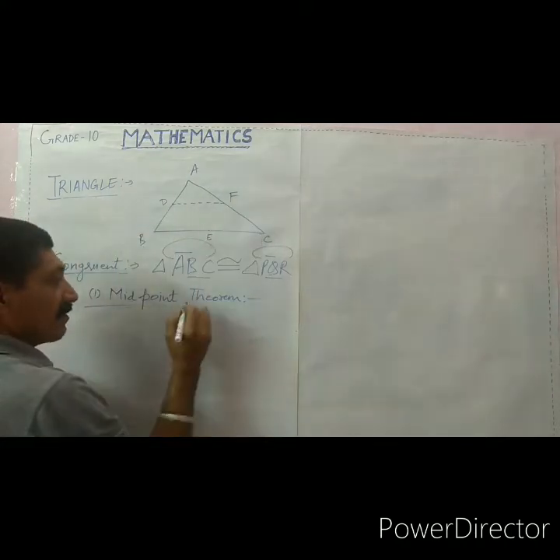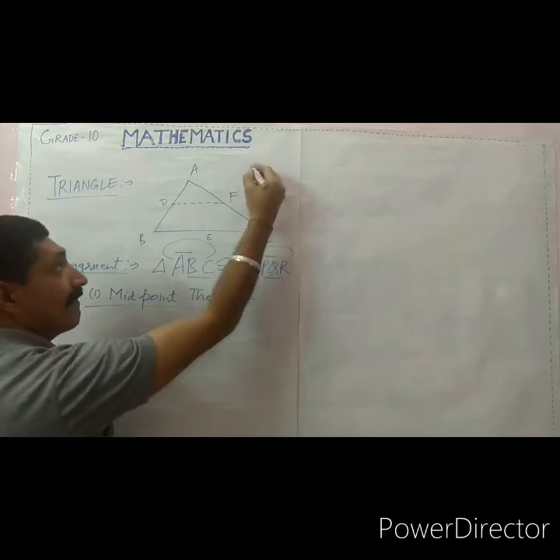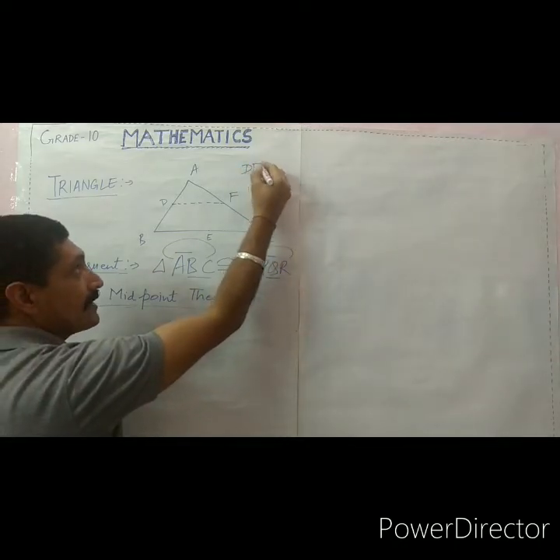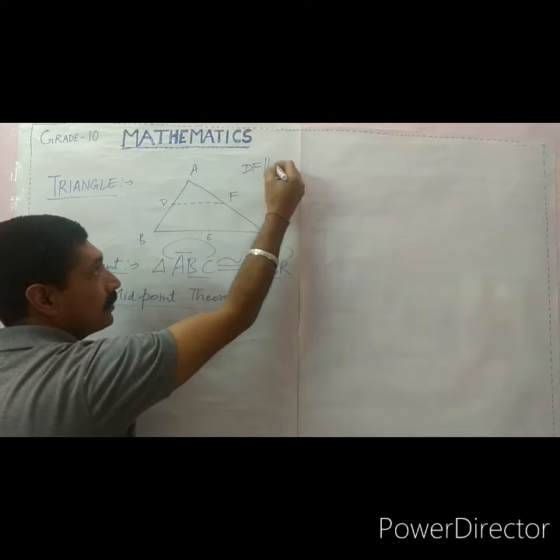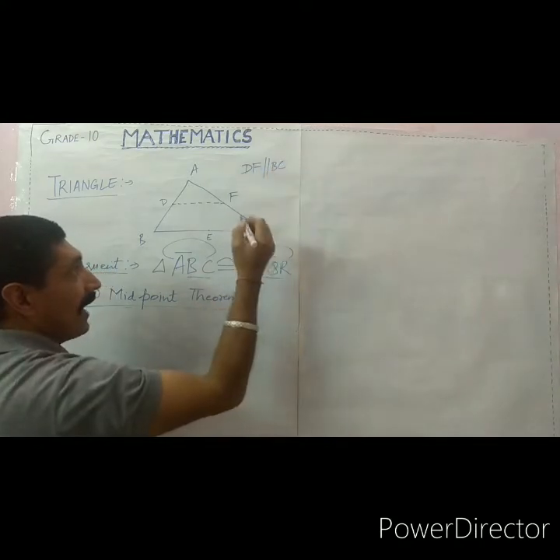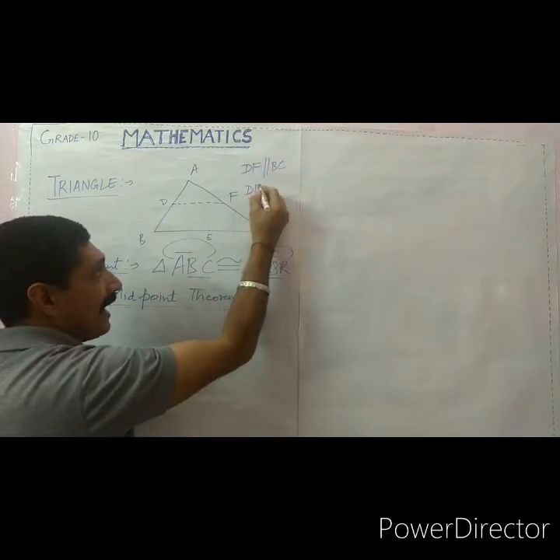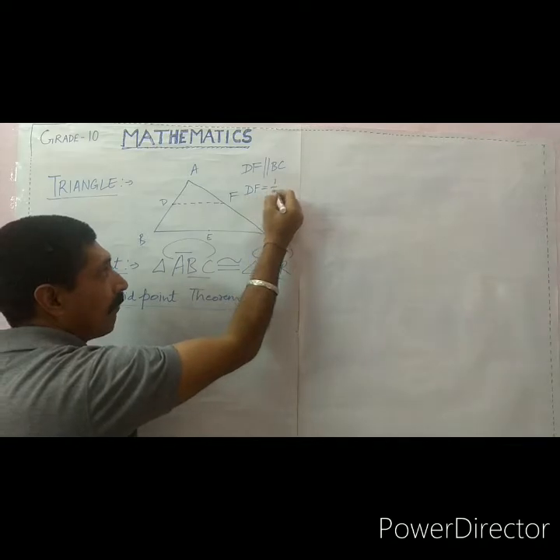So 2 things in the midpoint theorem we have studied: DF is always parallel to BC and DF is always equal to half of BC.